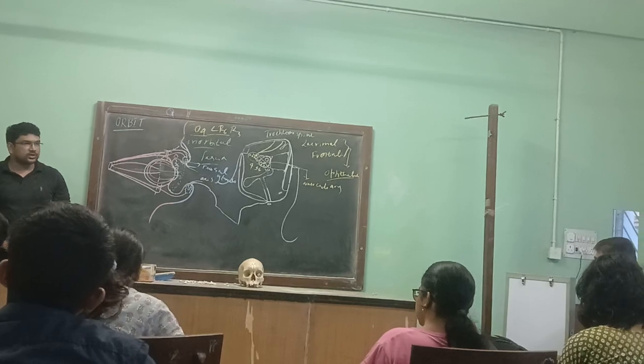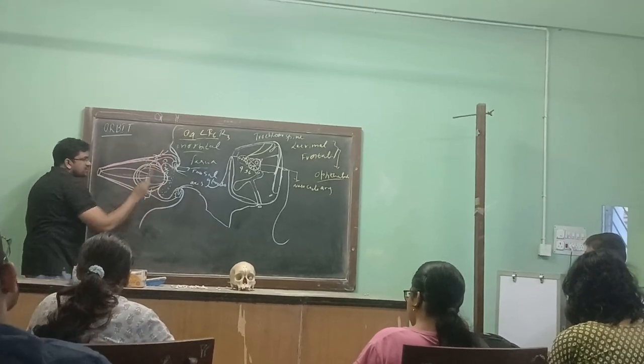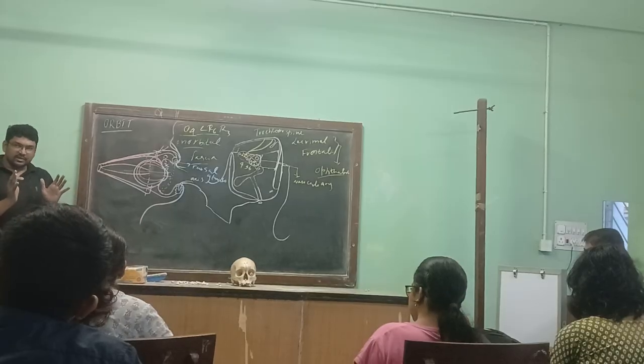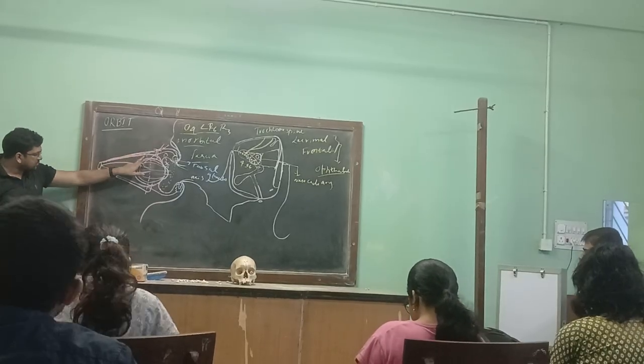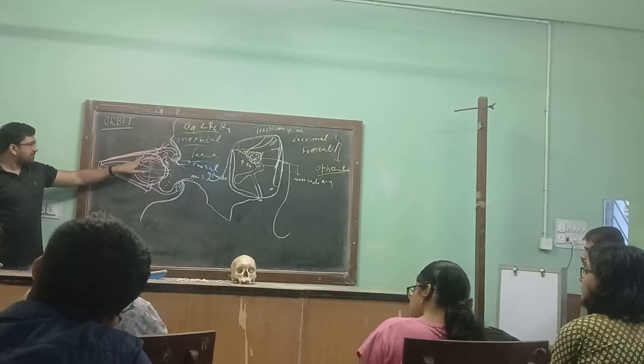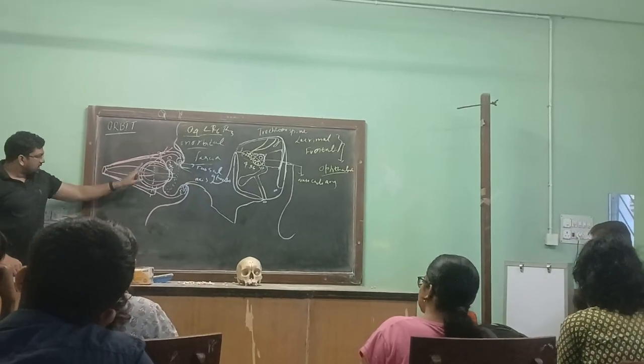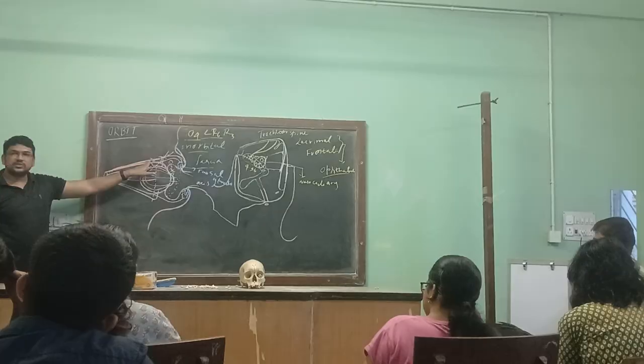Understand the difference here. Levator palpebrae superioris is a skeletal muscle. Since it lies close to the superior rectus muscle, which nerve can supply the levator palpebrae superioris? Oculomotor. The nerve which is close to a muscle can also supply it. Isn't it?